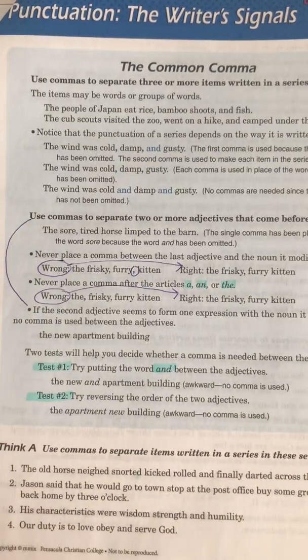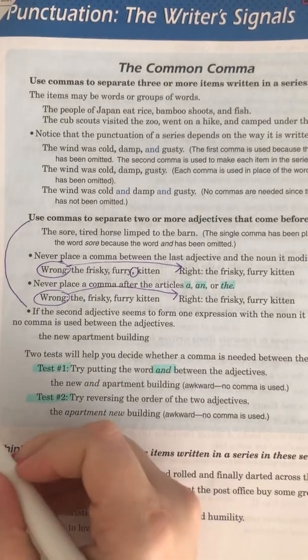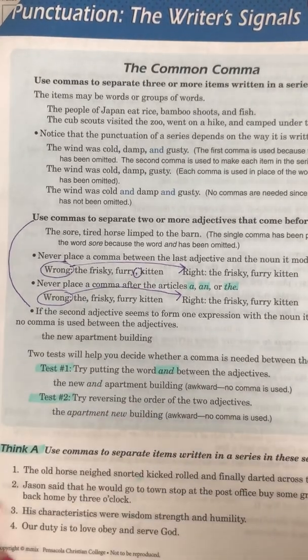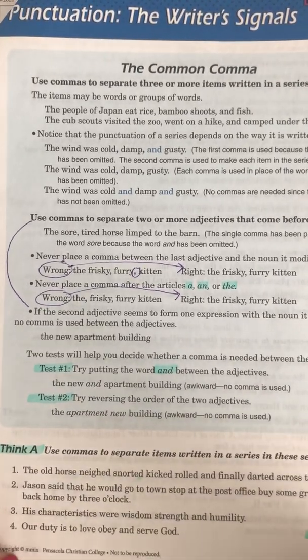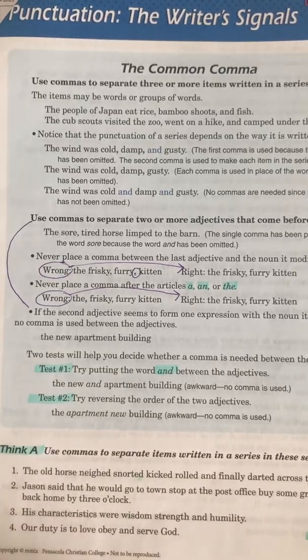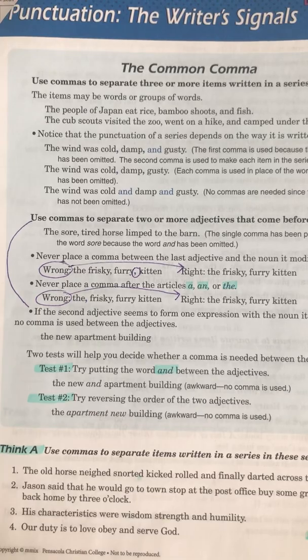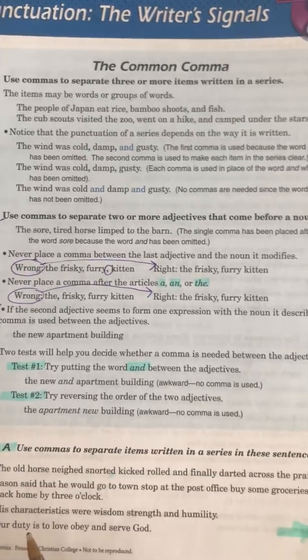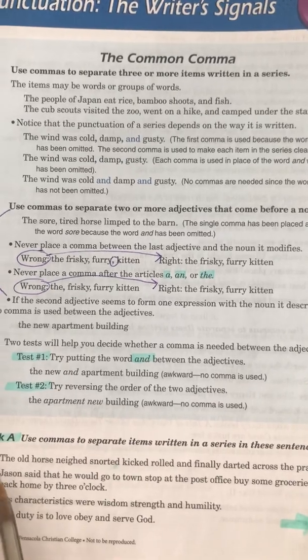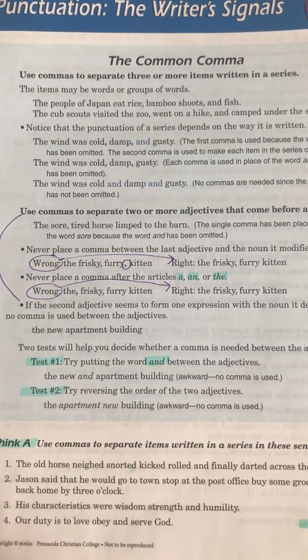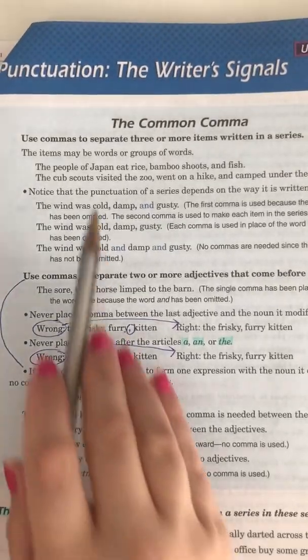So you're doing these exercises on Think A, but for today you're also going to do the back because it's continued here, as you can see, to practice our comma placement and identifying the correct forms. So here it says to use commas to separate the items written in a series in these sentences. So you're going to read these sentences and decide where the comma should be placed using these rules up here.